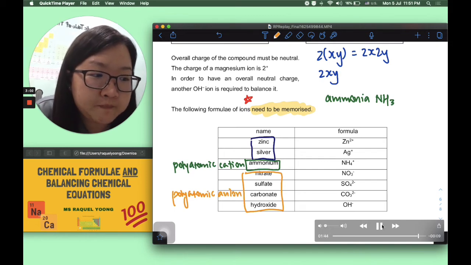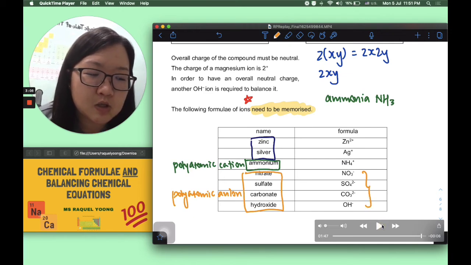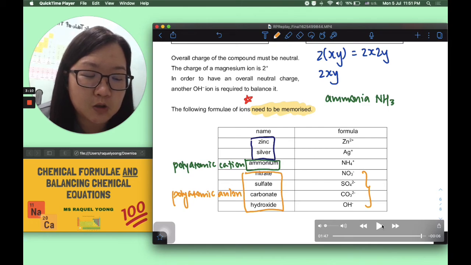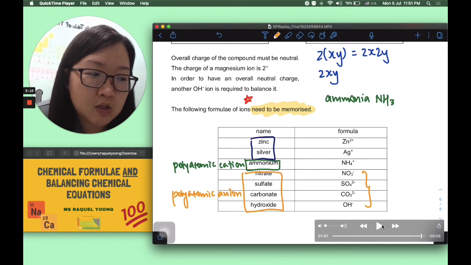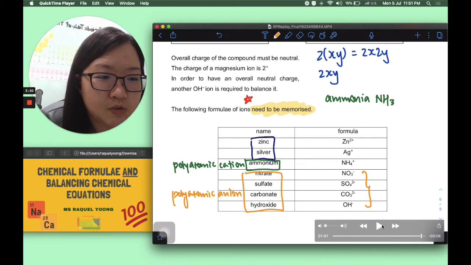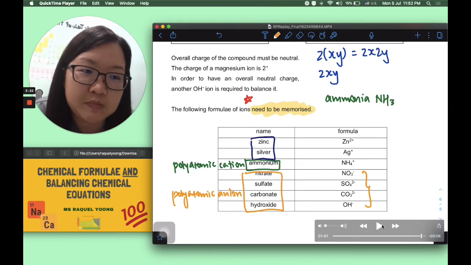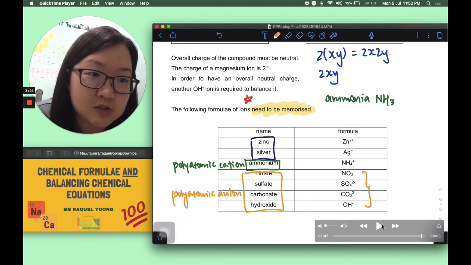So for these four, not to worry that it's too much to memorize because we will see these many times when subsequently we move to our next topic, which is acids and bases. And eventually on the topic of salts, we will see these all the time. So eventually you'll remember this by heart for sure.